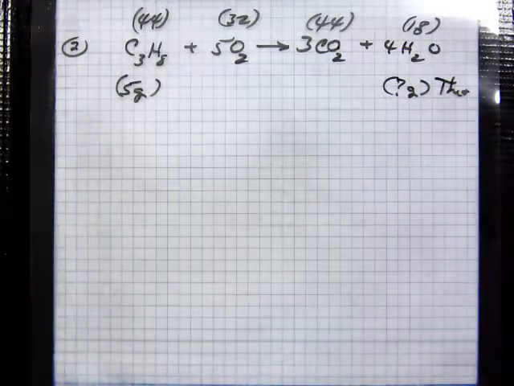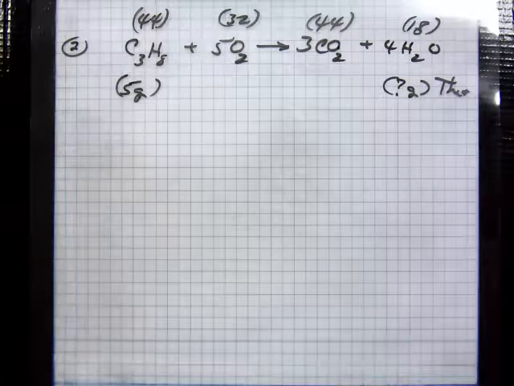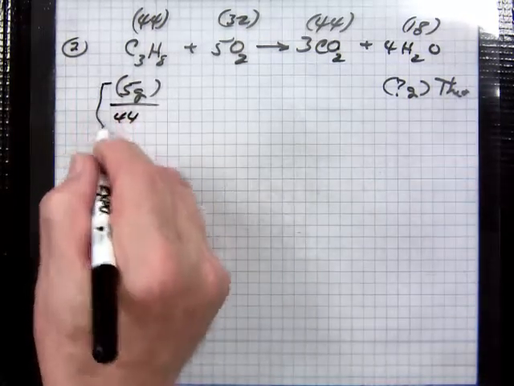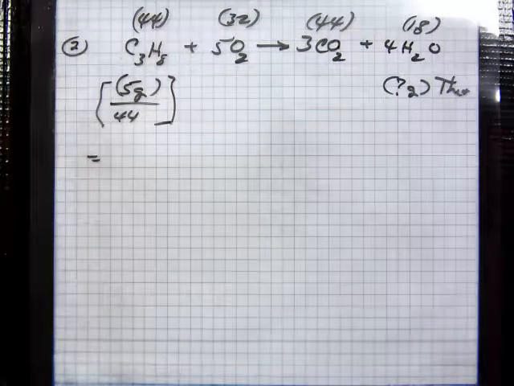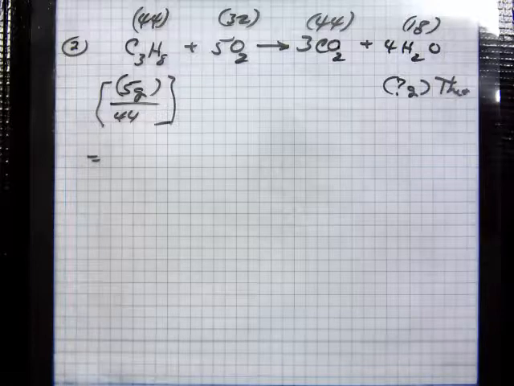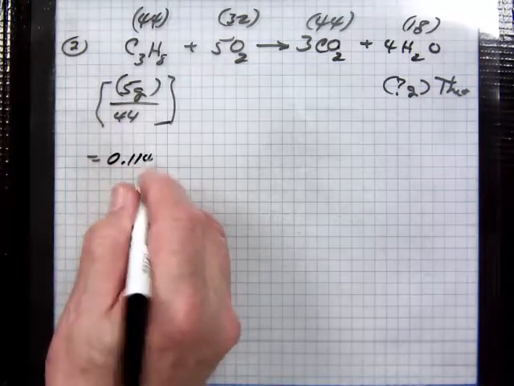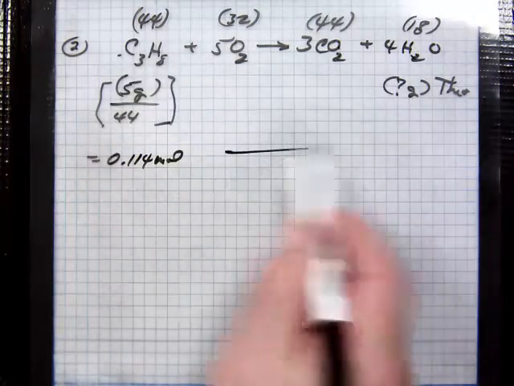Over here. Well, what do we do? Step one, convert to moles. Divide by formula weight. And 5 over 44 is 0.114. Okay, so we got a 1:4 ratio.